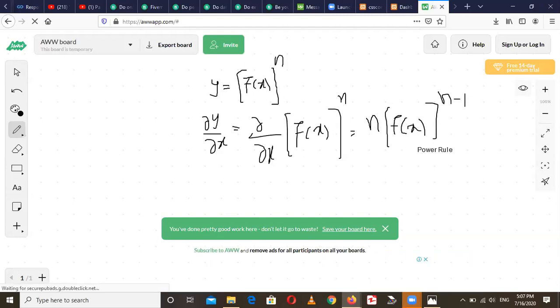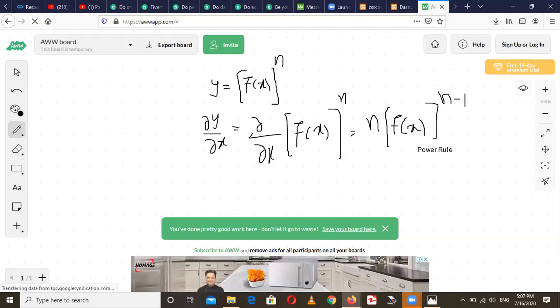Is it clear? I repeat it. Power rule: if we are given a function y and I have to find the differentiation, I take the derivative on both sides.